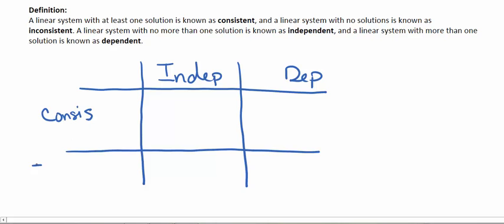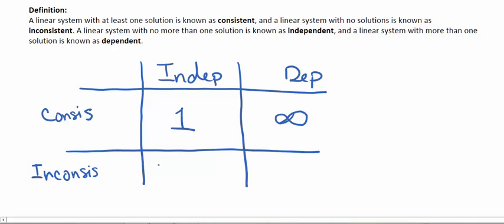And we're just going to abbreviate here. So consistent means we have at least one solution, and independent means no more than one. So the only thing that's greater than or equal to 1 and less than or equal to 1 is 1. Consistent means at least one, and dependent means more than one. So the only way to have more than one solution would be to have infinitely many.